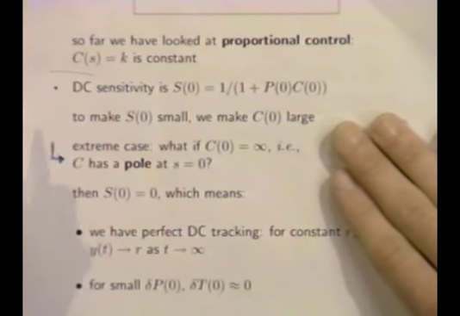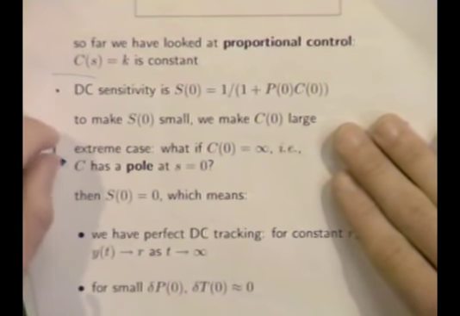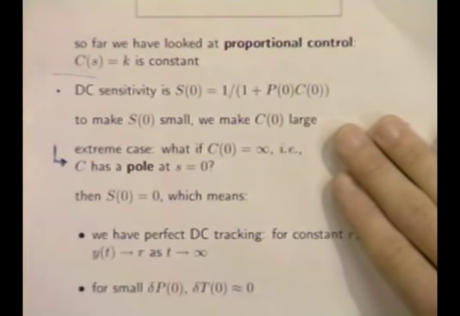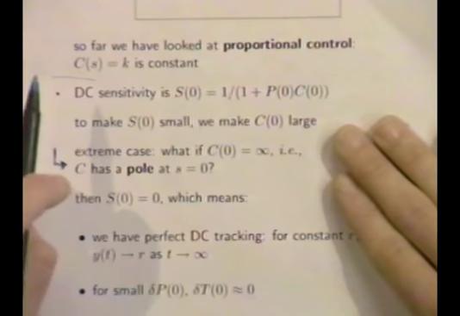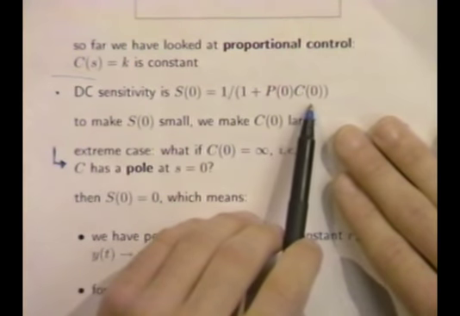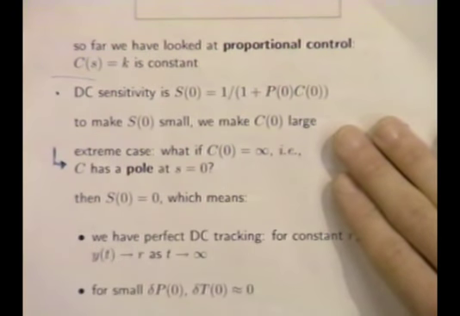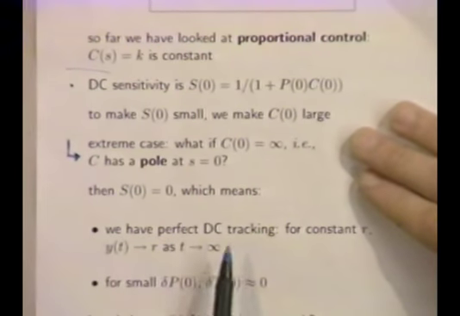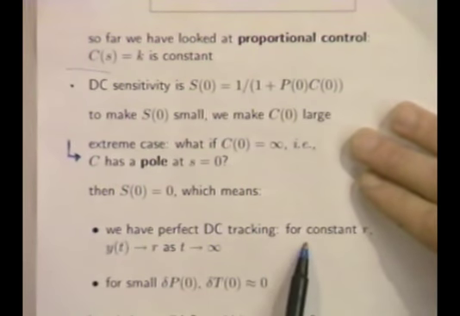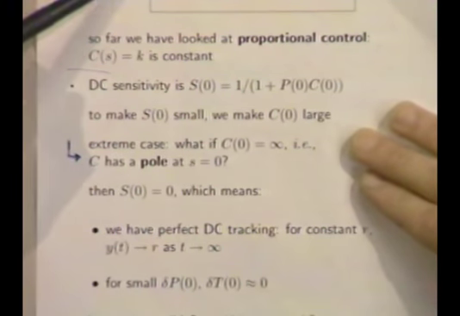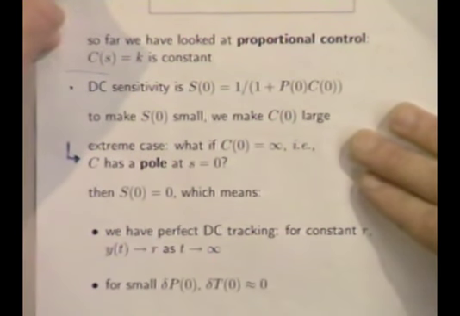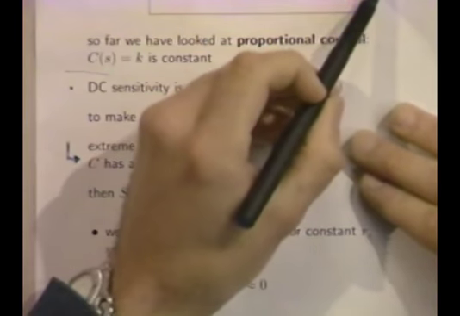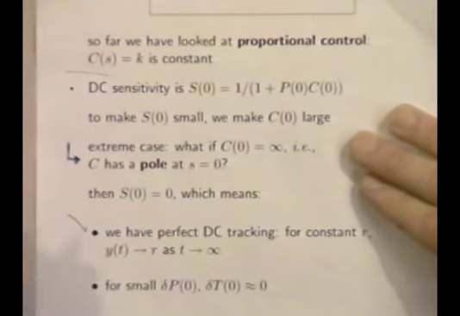Maybe I can put a pole at the origin for C. This would make your sensitivity exactly 0 at DC because this term is infinite. So if you could achieve that, you would have perfect DC tracking for a constant input. In other words, if I input a step of 1 here, asymptotically, you will get 1 at the output.